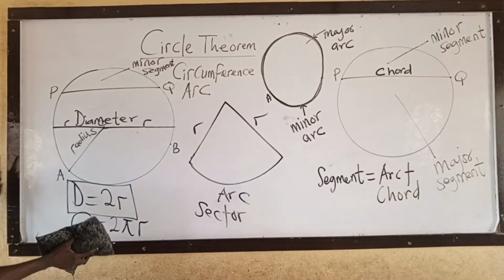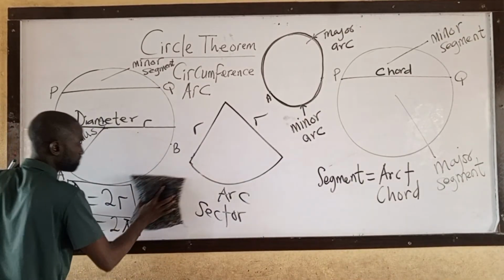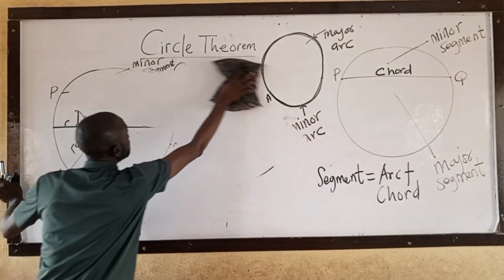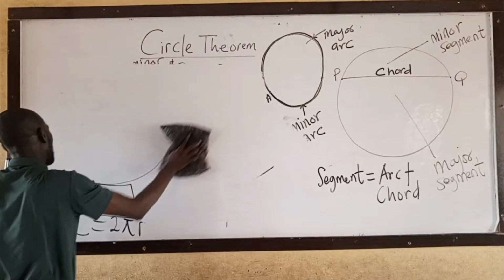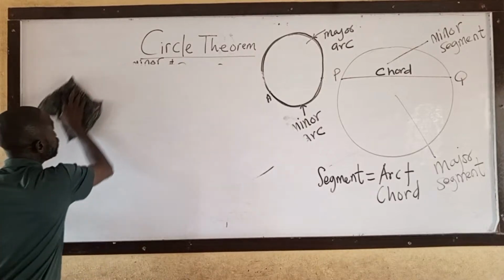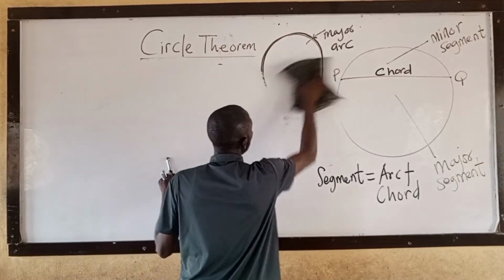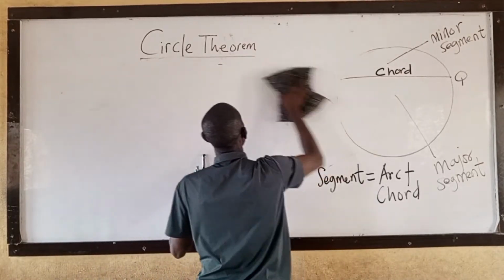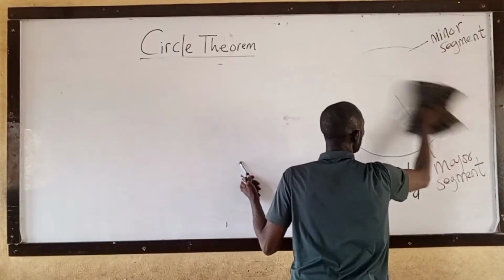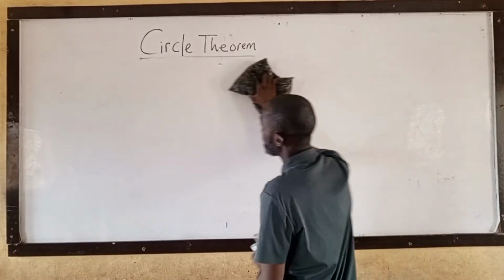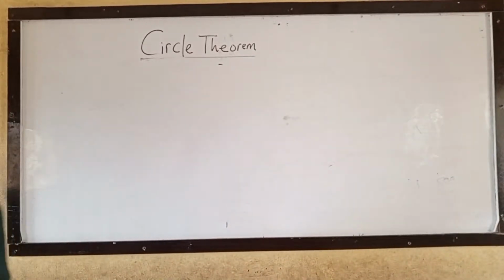So let me just write this one up. Let us start from the first theorem. Theorem 1: angle at center is equal to 2 times the angle at circumference. That's the first theorem.